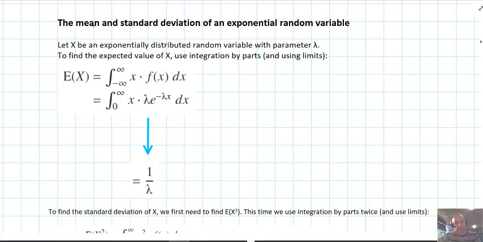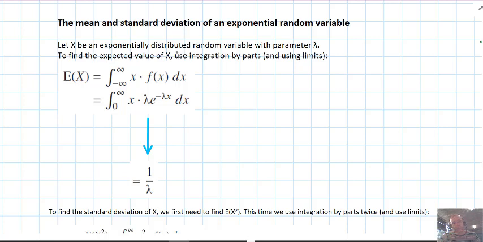Last part we're looking at is the mean and standard deviation of an exponential random variable. This is going to be treated fairly quickly because you have assumed knowledge that you've come across things such as expected value, standard deviation and variance from your previous studies. So I won't be going through where those parts of the formulas come from.